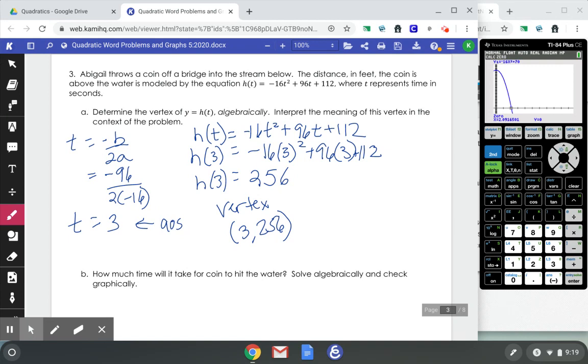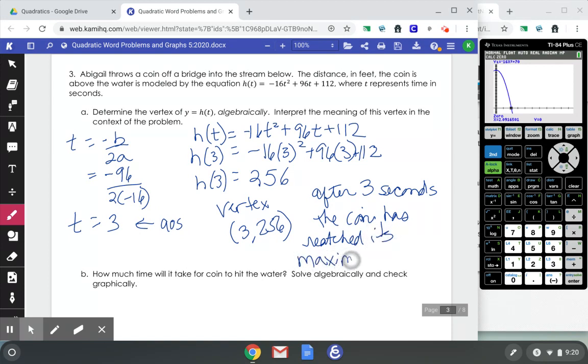All right, so what this means is after 3 seconds, the coin has reached its maximum height, I should say, not value, height of 256 feet. Okay. All right, how much time will it take the coin to hit the water?